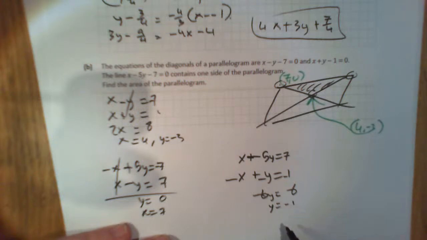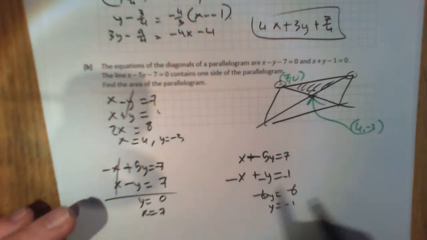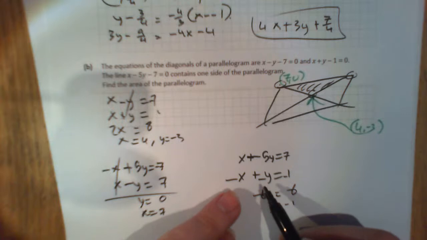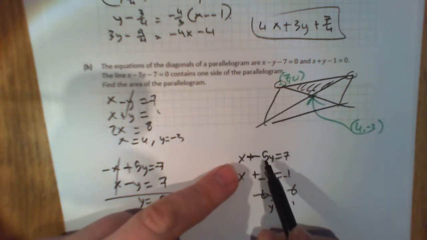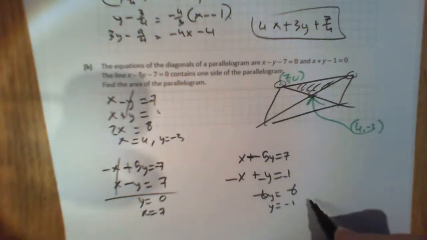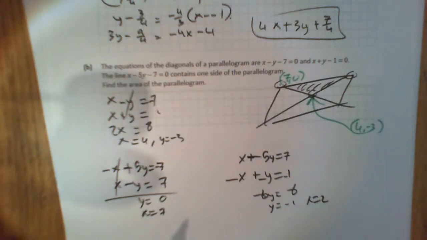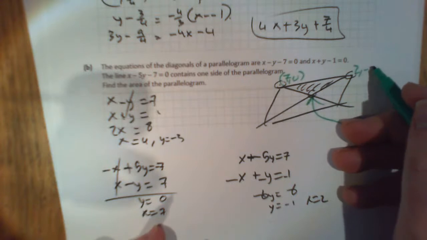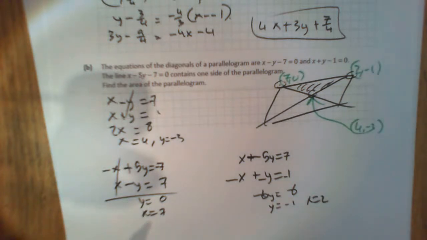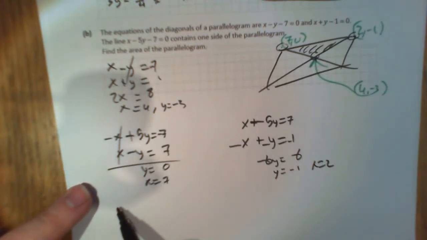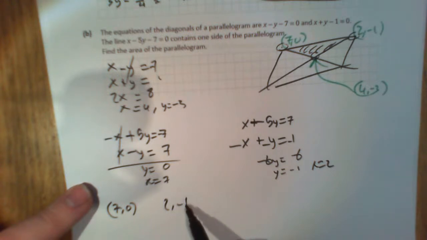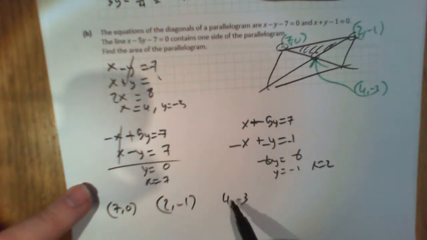So if y is equal to minus 1, then x is equal to 2. So it's 2 and minus 1. So now I have 3 vertices of my triangle. I have 7 and 0, 2 and minus 1, and 4 and minus 3.